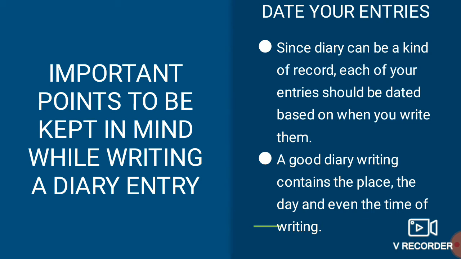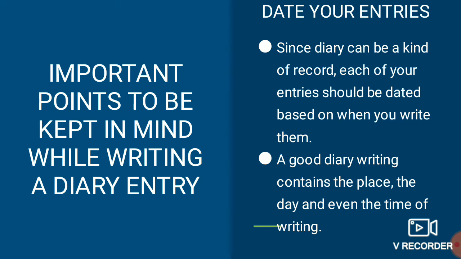Date can be written on the upper left side of the page, and the time on the right. But if you are writing a diary in an informal way, some basic points should be there which you should keep in mind while writing a diary entry.